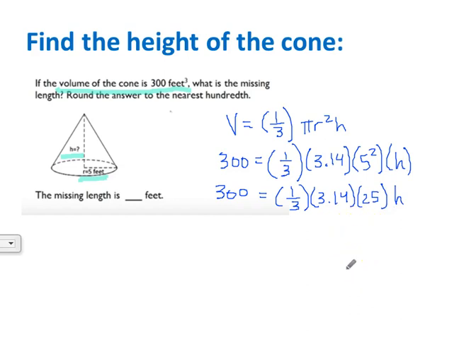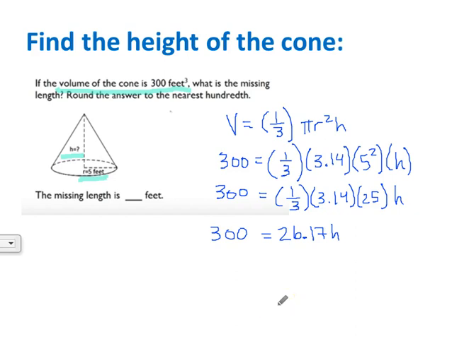So now I'm going to multiply 3.14 times 25. When I multiply 3.14 times 25, I get 78.5, and I'm going to divide that by 3 because of that 1/3, or you can multiply it by 1/3. When you do that, you should get 26.17, rounding to 2 decimal places, times h.